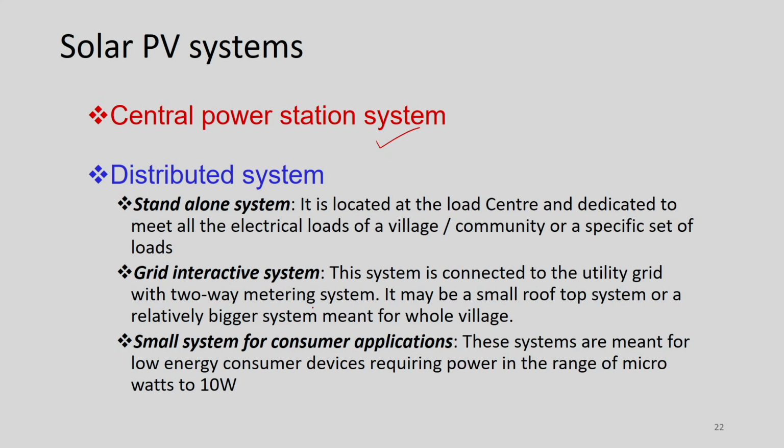That will be controlled by the two-way metering system or net metering system. That is called grid interactive system. And small systems for consumer applications, like maybe in watches or calculators, have power ranging from microwatts to 10 watt. Under that category we can generate that much power.